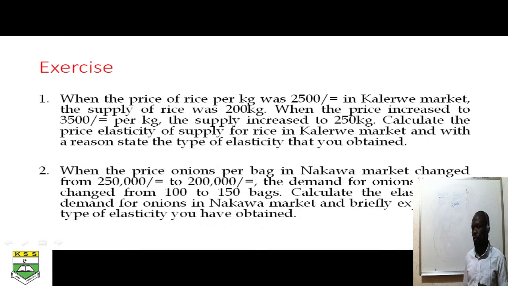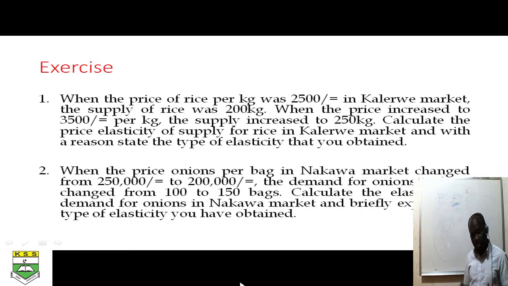But now, as I conclude this review before we go to our business for today, remember we said we have 3 types of elasticity. We have elastic, we have inelastic, and we have unit. Now, when do we say elasticity is unit? We say elasticity is unit when you calculate the coefficient of elasticity and it is equal to 1.